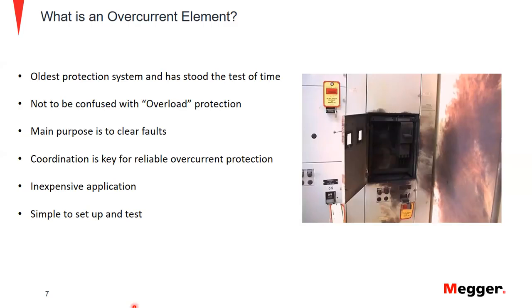So it generally operates instantaneously, or we have some type of time delay to coordinate the different types of faults depending on where they are in the system. It's also an inexpensive application, and it's very simple to set up and test, so it doesn't really take much to test an overcurrent. It's just getting the idea down.